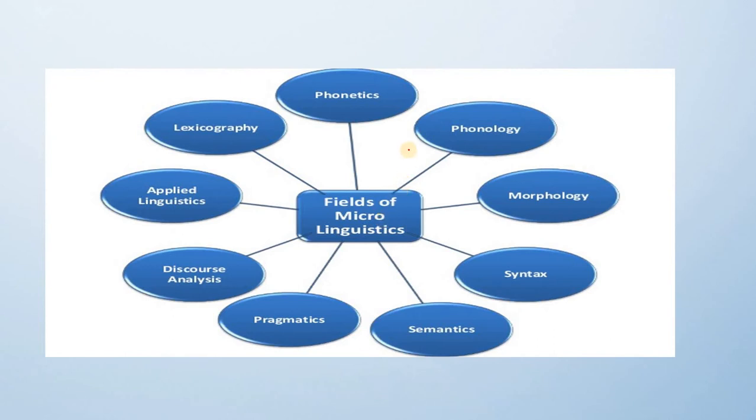So language, according to microlinguistics, is normally studied from its sound system to its word formation to its sentence formation and structure, and moving to further studying text analysis and discourse analysis, pragmatics, semantics, the meaning of the text and the meaning of the words.